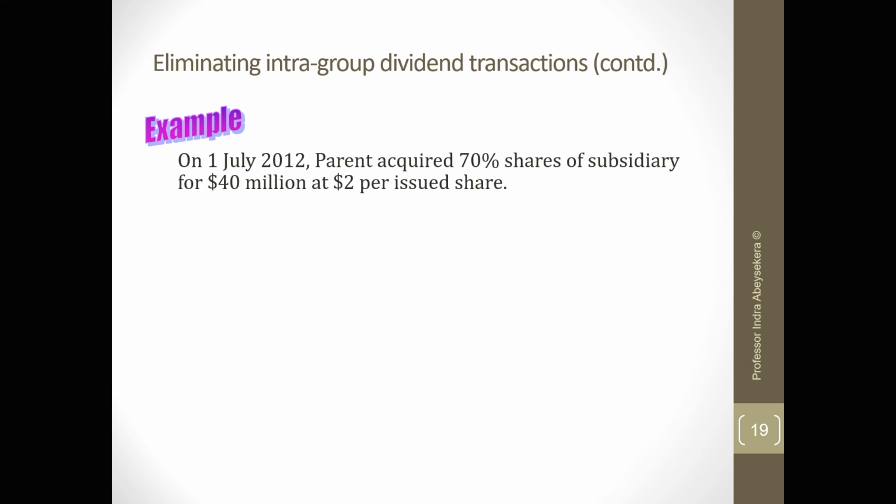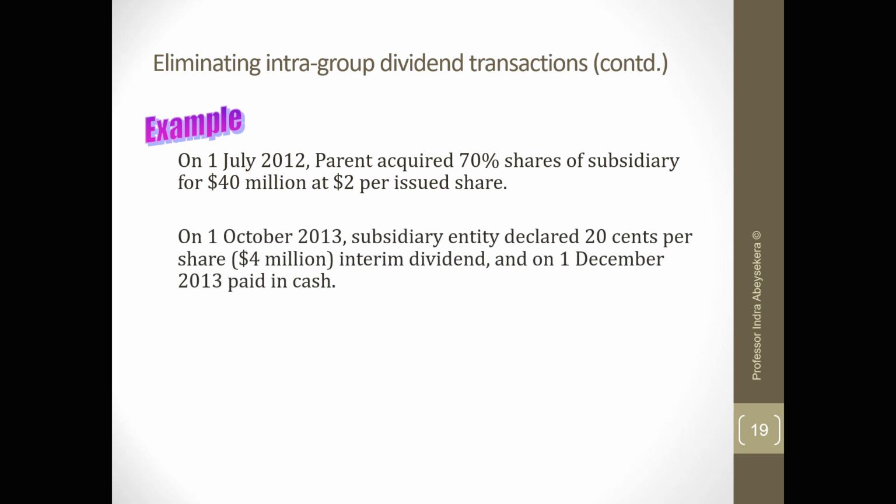So here's an example. On 1st of July 2012, the parent acquires 70% of the subsidiary for 40 million, at $2 per issued share. Now the ownership matters here. On 1st of October 2013, the subsidiary entity declared a 20 cents per share, 4 million interim dividend, and on 1st of December 2013 paid it in cash.